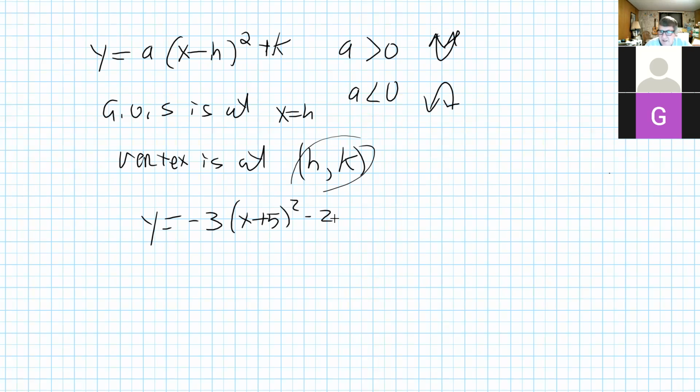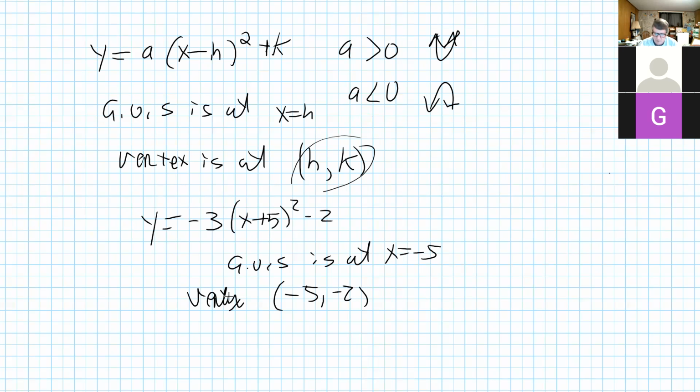This is going to open downward because it's a negative 3 coefficient. The parabola is going to open downward. The axis of symmetry is at x equals negative 5, and the vertex is at negative 5, negative 2. So inside inverse, outside obvious.